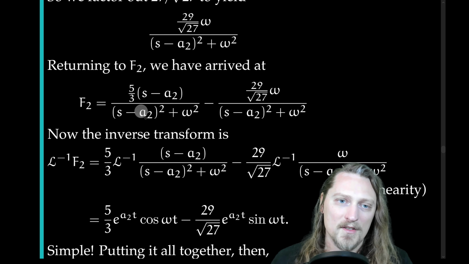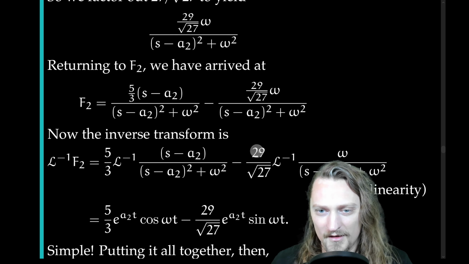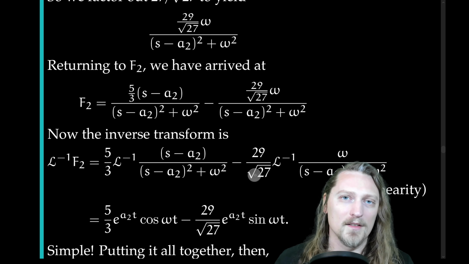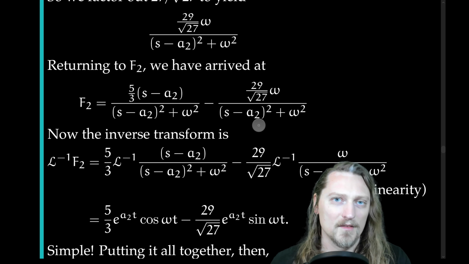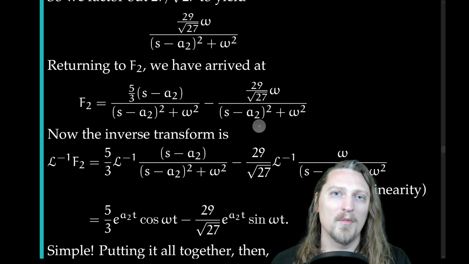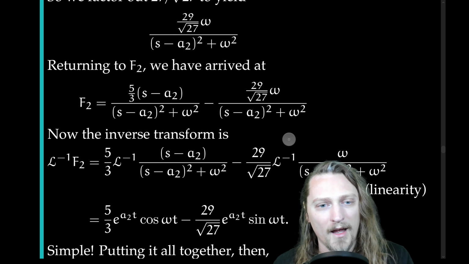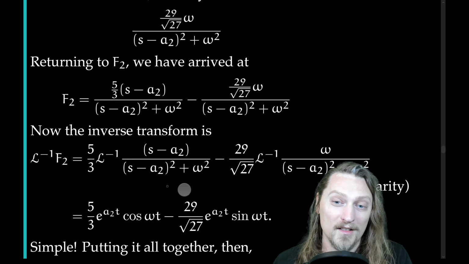The 5/3 comes out because it's a constant. 29 over the square root of 27 comes out because it's a constant. And the sum here is we can take the Laplace transform of each term because of linearity.